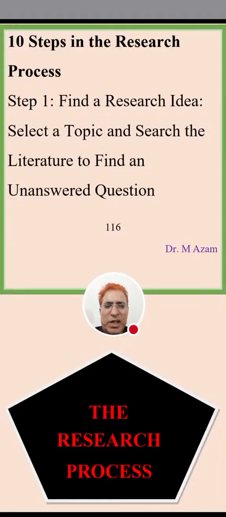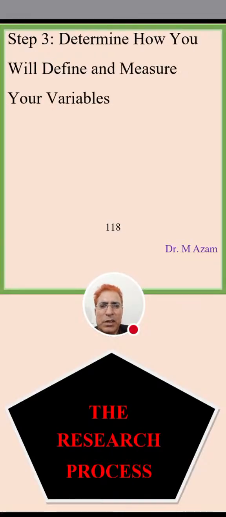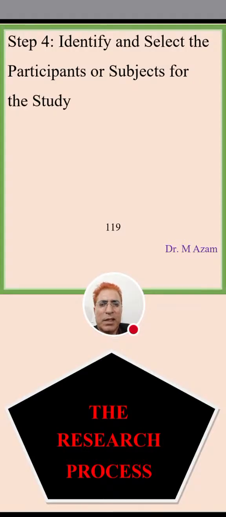Step 1 is find a research idea. Select a topic and search the literature to find an unanswered question. Step 2, form a hypothesis and a prediction. Step 3, determine how you will define and measure your variables. Step 4, identify and select the participants or subjects for the study.